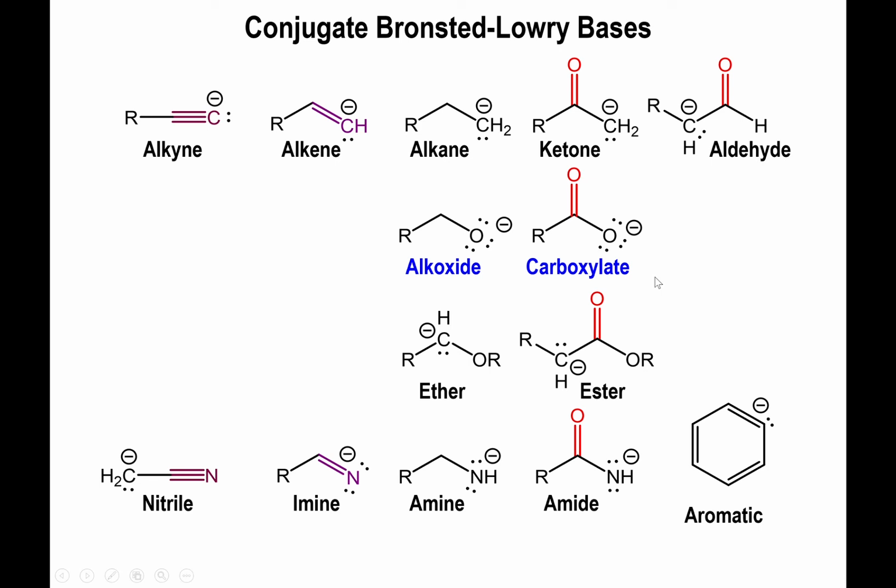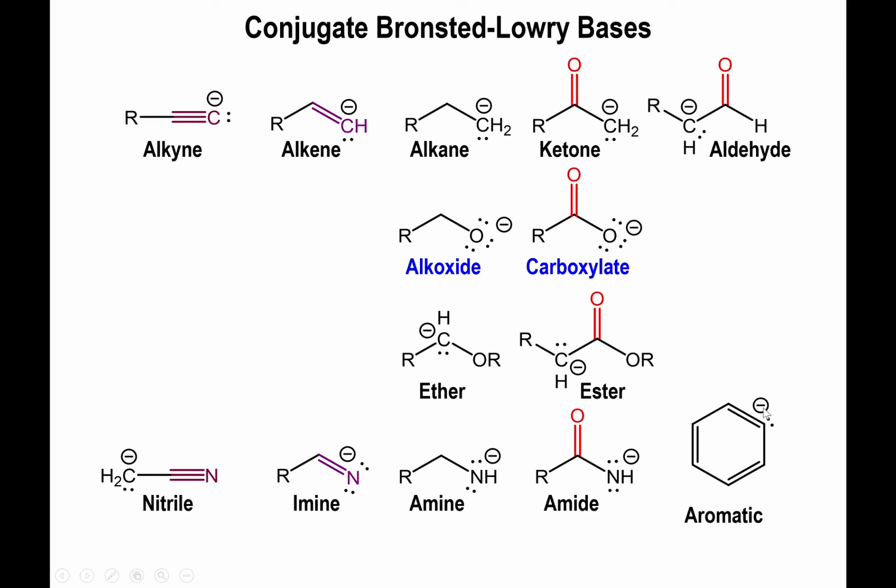Sulfuric acid becomes sulfate. Carbonic acid becomes carbonate. So carboxylic acid becomes carboxylate. This is something I want you to be very good at in terms of naming molecules. Carboxylate is the conjugate base of a carboxylic acid, and alkoxide is the conjugate base of an alcohol. The other ones we're just going to keep name-wise the same.